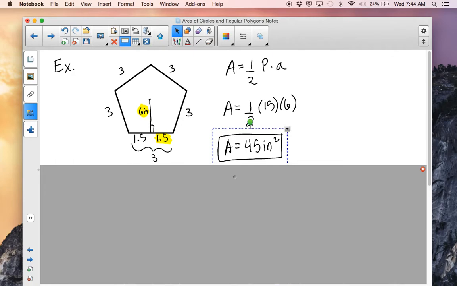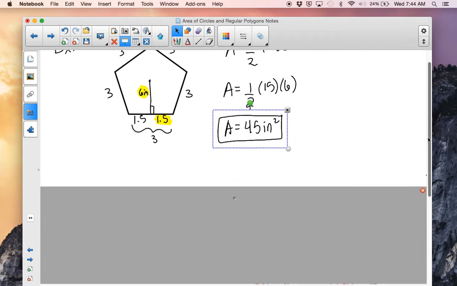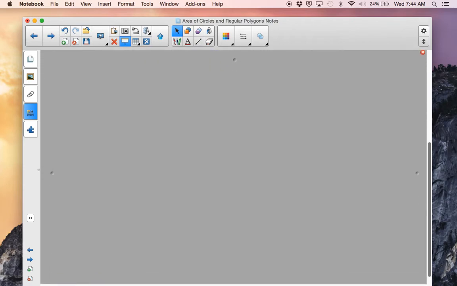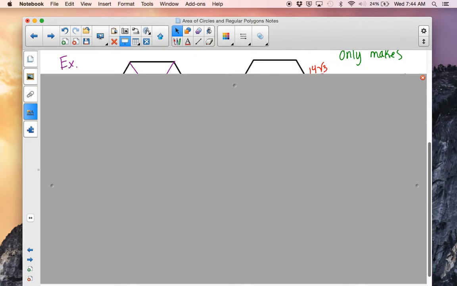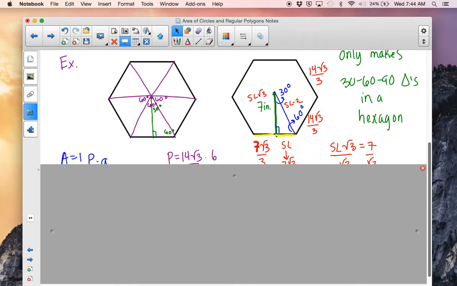So that's that example. Now, the problems get a little bit harder when you get to hexagons. So, in a hexagon, let's say you have a hexagon, and I'm going to erase all of this stuff here.